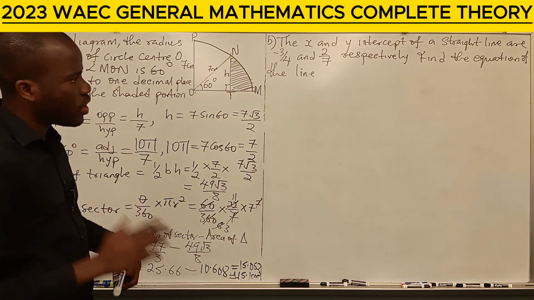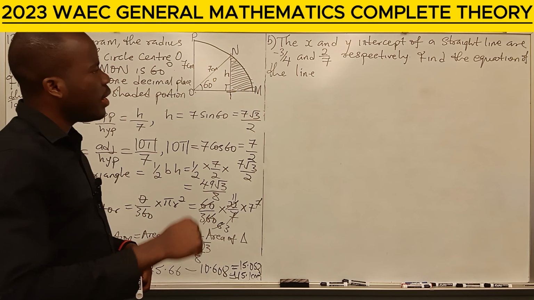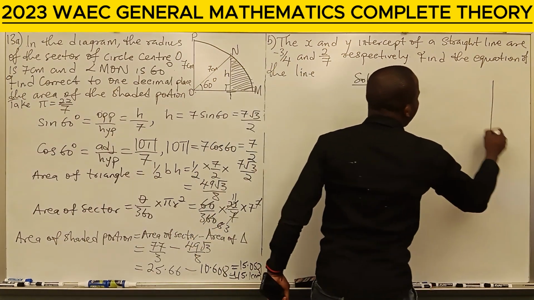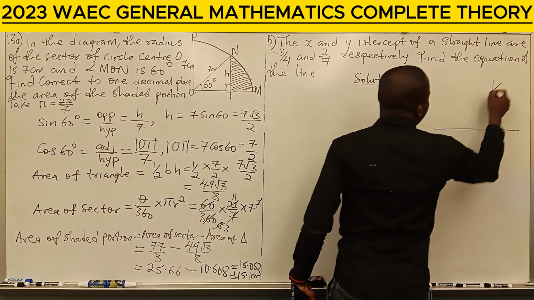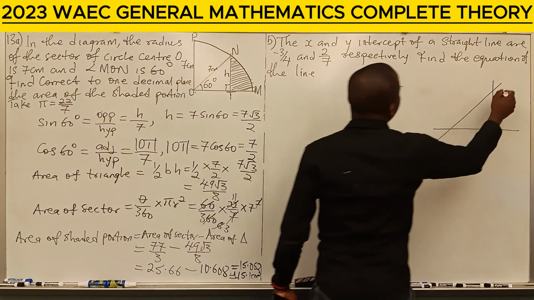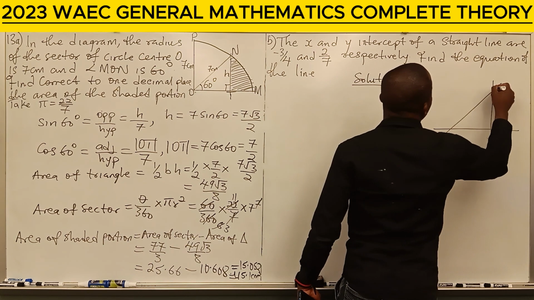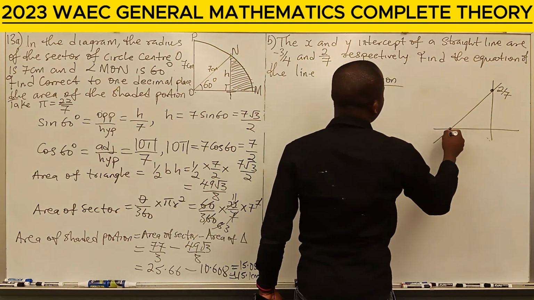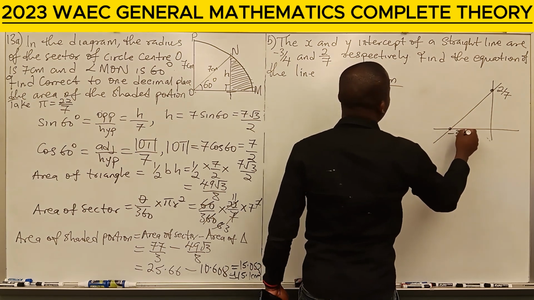B says the x and y intercept of a straight line are minus 3 over 4 and 2 over 7 respectively. Find the equation of the line. Let's sketch it. This is the y-intercept, which is 2 over 7. And this is the x-intercept, which is minus 3 over 4.